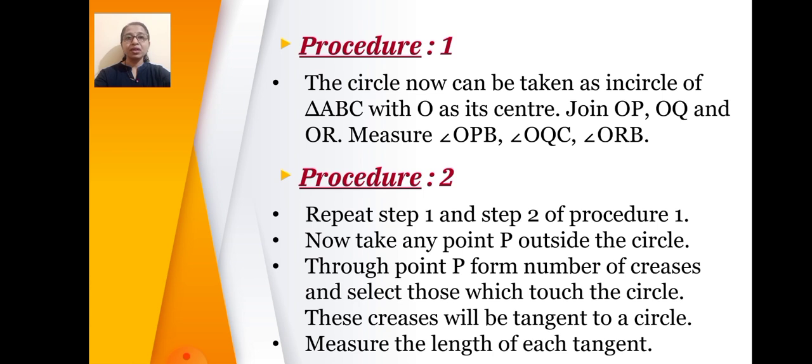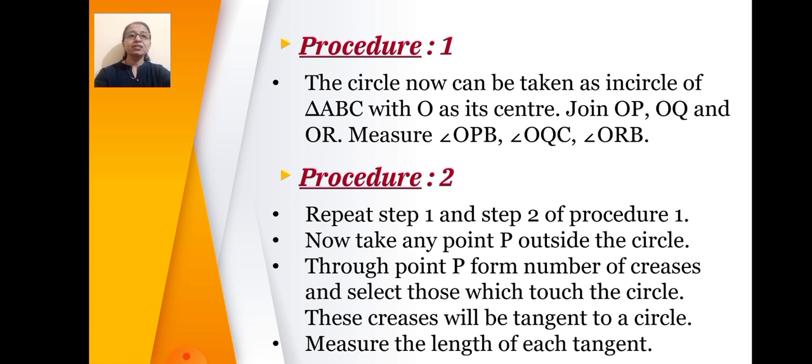Repeat step 1 and step 2 of procedure 1. So what were those steps? Take a paper of convenient size and draw a circle of suitable radius. Now this time you take point P outside the circle, right? Next, through point P, form a number of creases and select those which touch the circle.